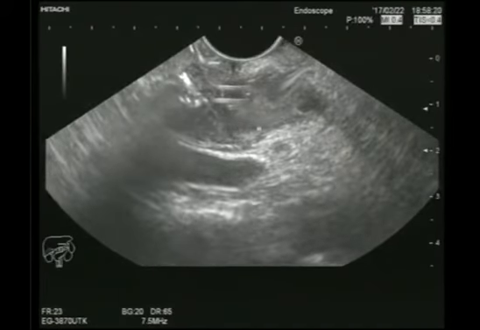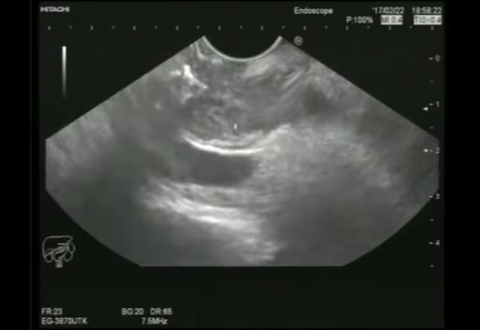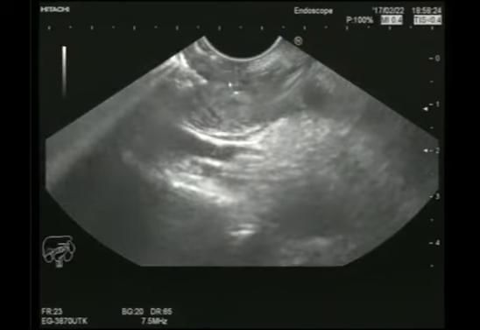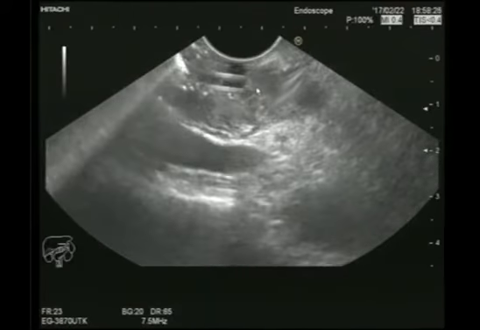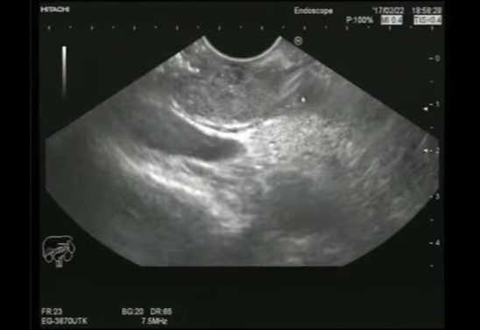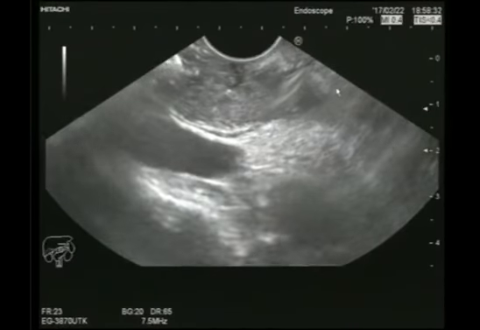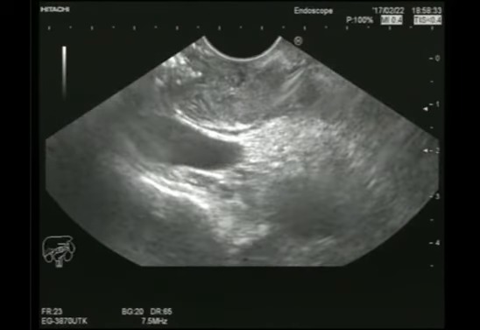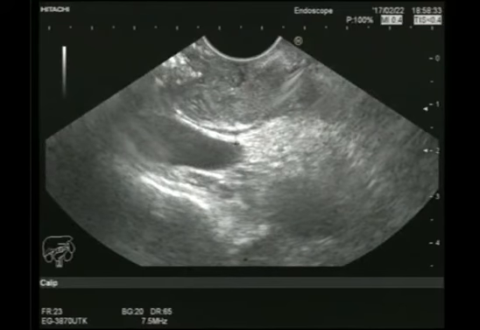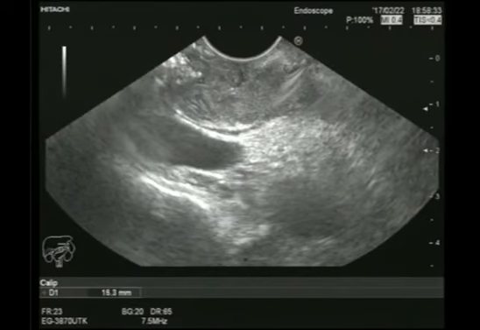The mass is surrounding the stent, you see, and it is causing pancreatic duct dilation. We can measure the mass here. Yes, please, measure the mass. It is around 20 to 25 millimeters.